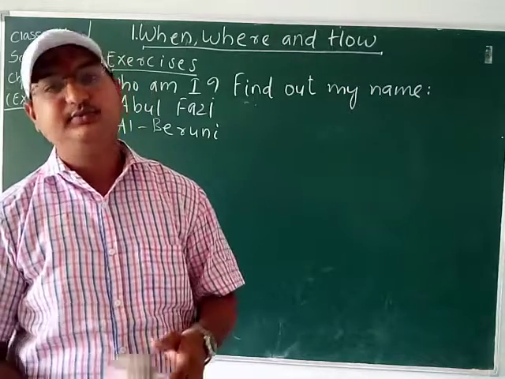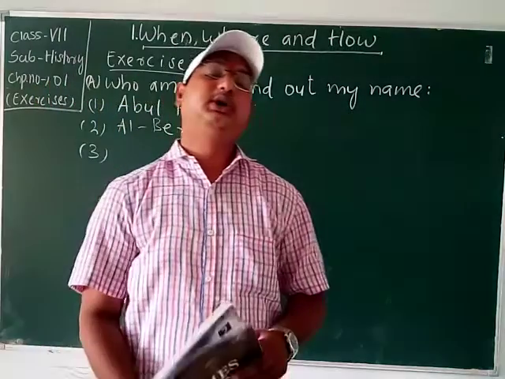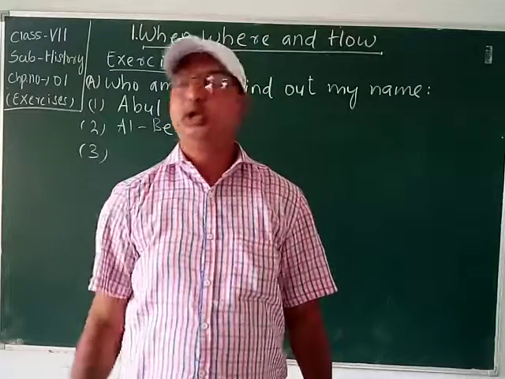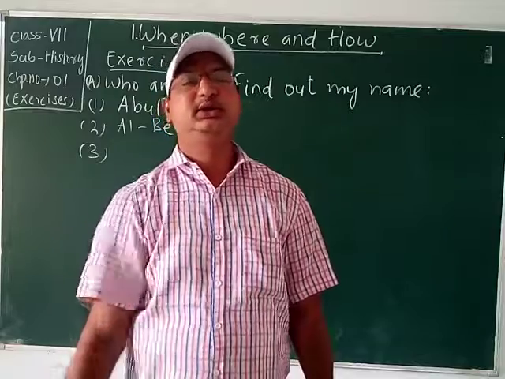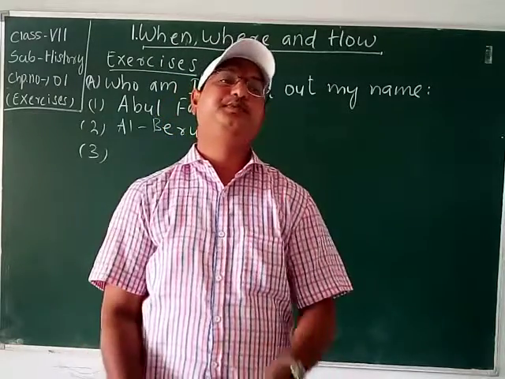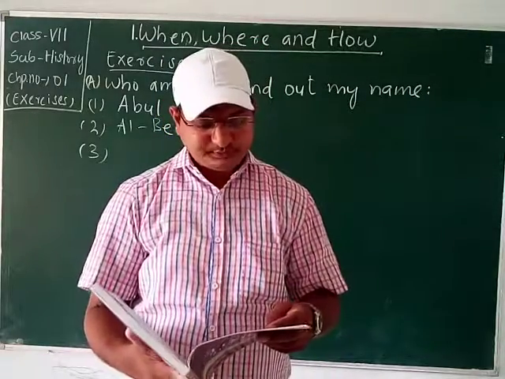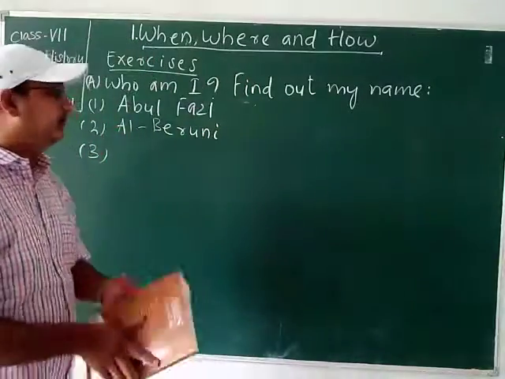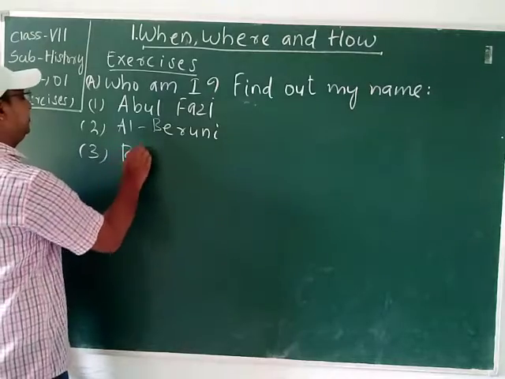My name is... Students, what were the older names of our country? Hindustan, Bharat. Now it is called India, but before this, Bharat and Hindustan both were used. The name Bharat was mentioned in the Rig Veda. So the answer is Bharat.